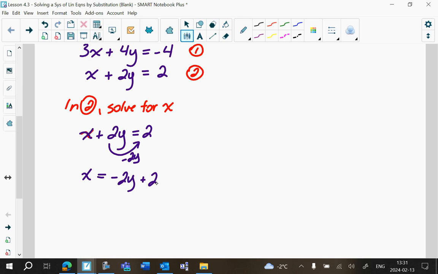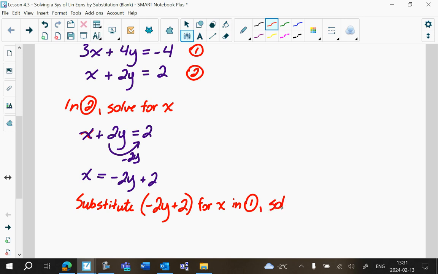So what I'm going to do now is substitute this expression, and I use parentheses, -2y plus 2 for x in the other equation, so in equation 1. When I do that, I'm going to get an equation that just has y's in it, so I'm going to solve for y.